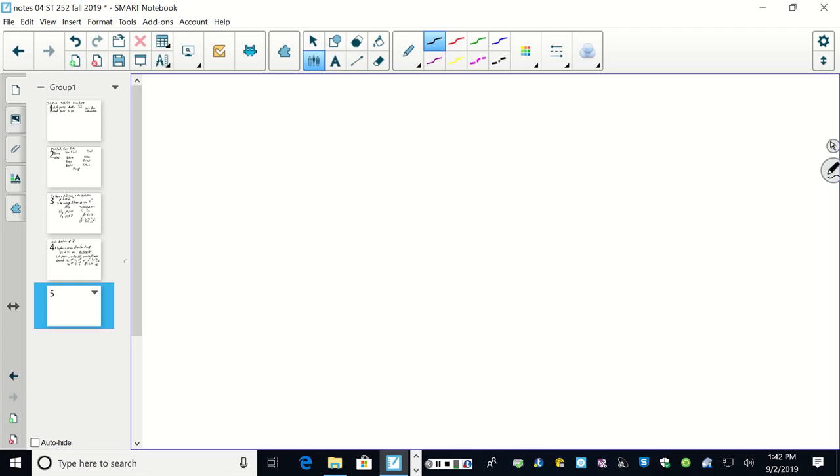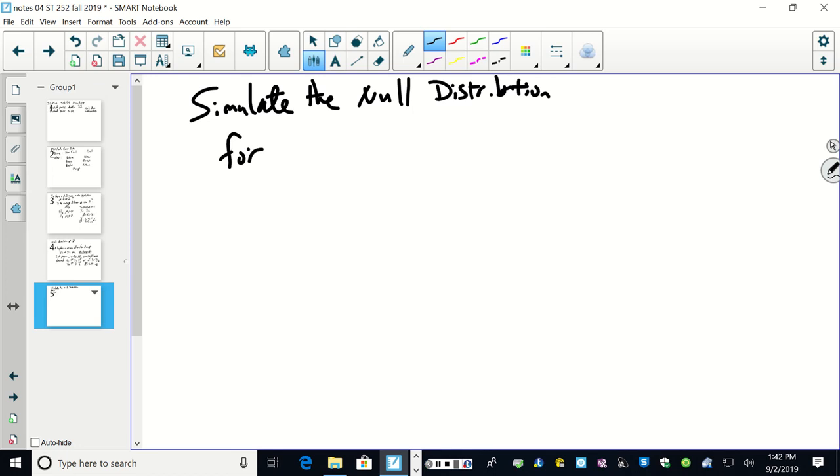So we're going to simulate the null distribution here. I'm writing things like I would in R. So we're going to go over a whole bunch of times, many times.